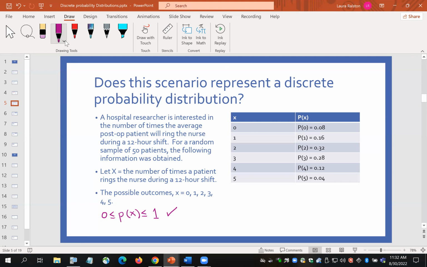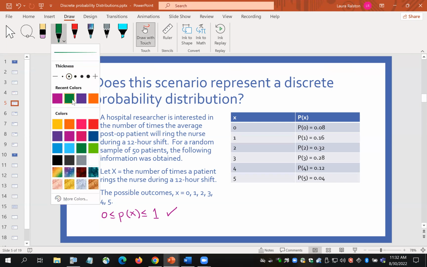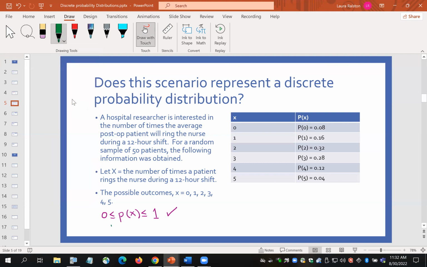Then I need to check the second requirement: if I add all of those probabilities up, they have to add to 1. You can do that on your calculator. For demonstration purposes, I'm going to try to do it in my head. 8 and 6 is 14, 15, 16. 8 more would be 24, 25, 26, 30.